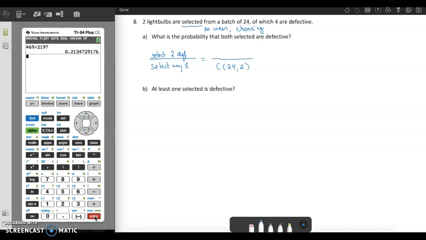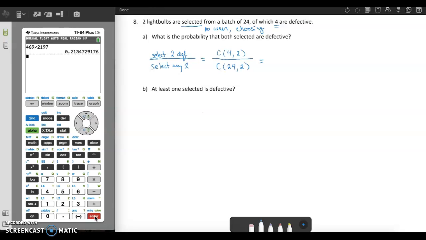Now in this particular situation, how many ways can we select 2 defective bulbs? So again, no ordering, it's a combination. There are 4 defective bulbs in there and we are selecting 2. So that would be a 4 choose 2 combination.